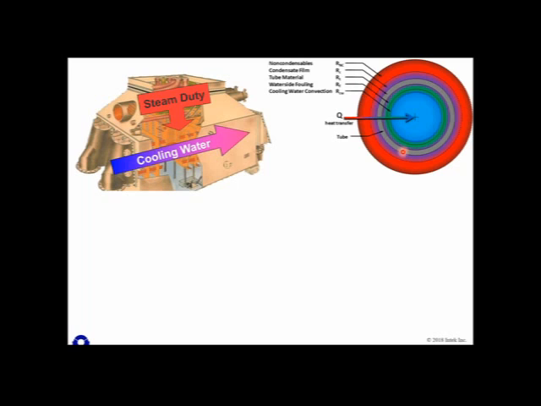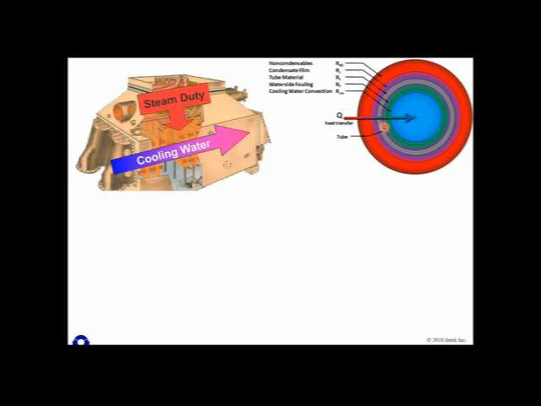And then we've got the tube wall and its thermal impedance there. So that's RT. The next thermal impedance is R sub F, so that's the fouling. This would be scaling on the ID of the tube. Now we're on the inside diameter of the tube. So this could be a biofilm, it could be scaling, it could be silt that's deposited.